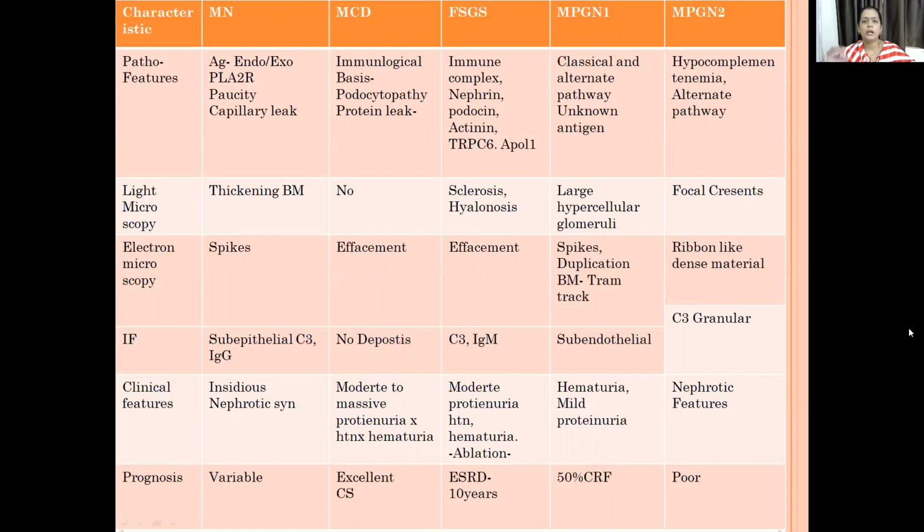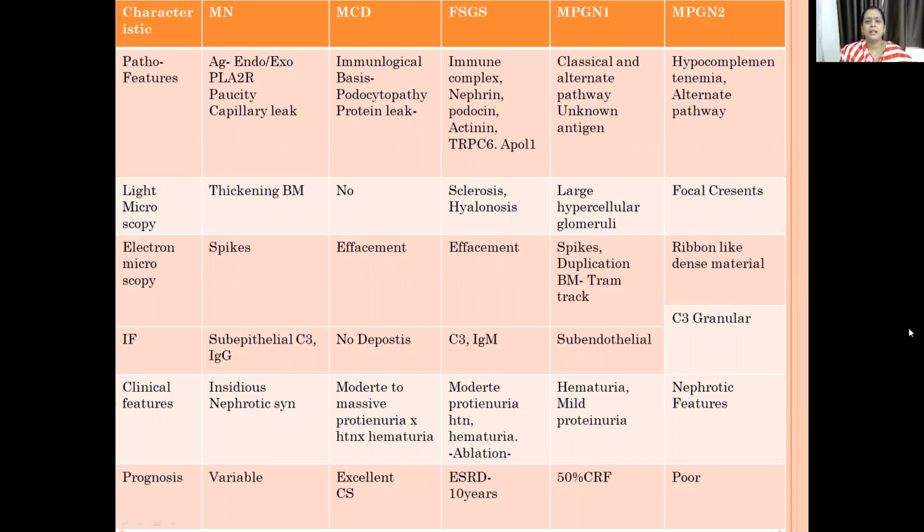Now coming to the focal segmental glomerular sclerosis, I told you focal means a fraction of glomeruli in the renal parenchyma are involved. Segmental means in each glomerulus, a part of each glomerulus is involved. So focal segmental glomerular sclerosis can be a result of a circulating immune complex, or there can be some mutations in the genes which maintain the integrity of the visceral epithelium, as you know.